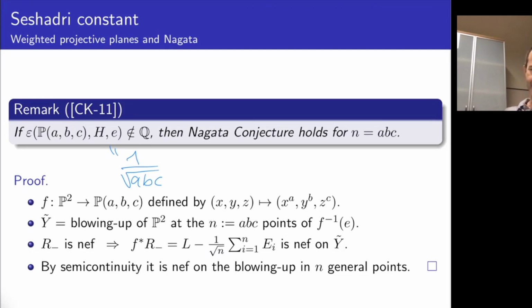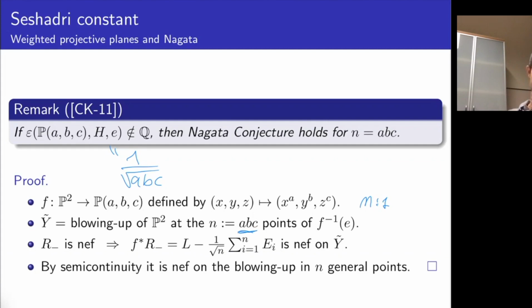Again, the idea is that we can consider this map from P2 to the weighted projective plane by sending a point xyz to x to the a power, y to the b power, and z to the c power. This is generically n to 1, where n is the product ABC.